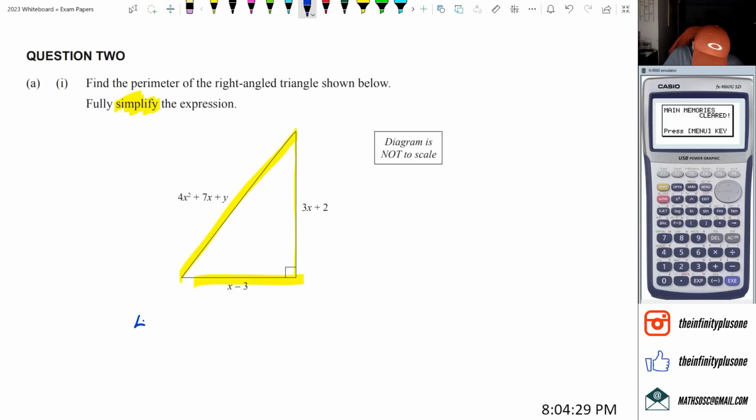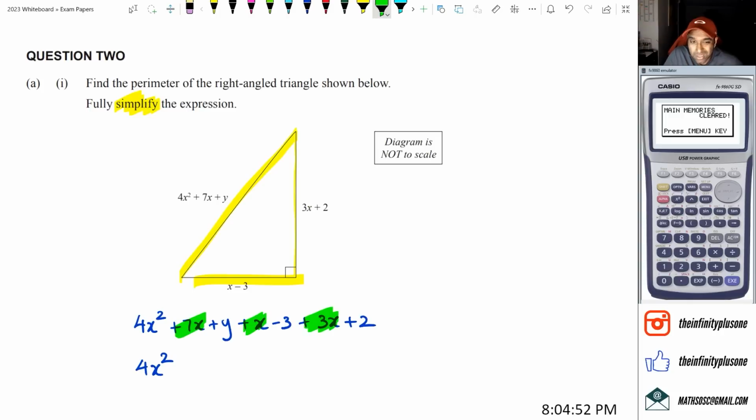So I've got 4x squared plus 7x plus y plus x minus 3 plus 3x plus 2. Now at this point I'm going to collect like terms. I've only got 4x squared. The next thing is I've got 7x, x, and 3x, so it's 7 plus 1 plus 3, which is 11x.